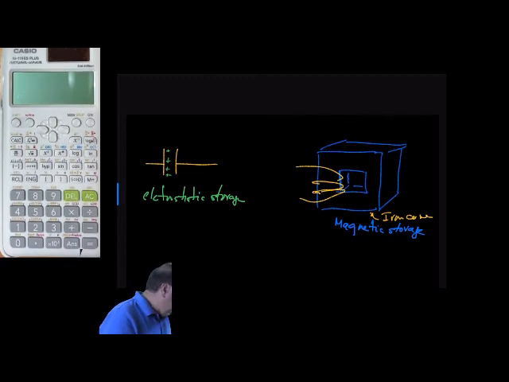We can write an equation for the energy on a capacitor as 1/2 C V squared, where C is the capacitance. And we can write an equation for the energy on an inductor as 1/2 L I squared, where L is the inductance.